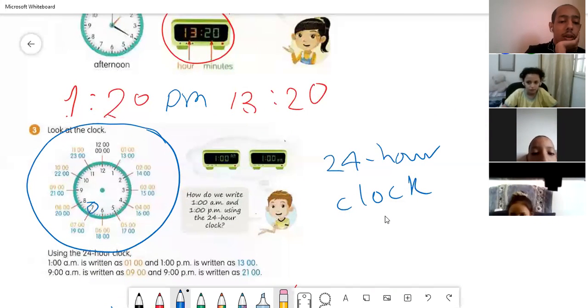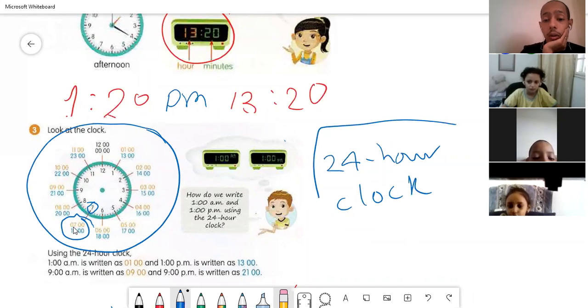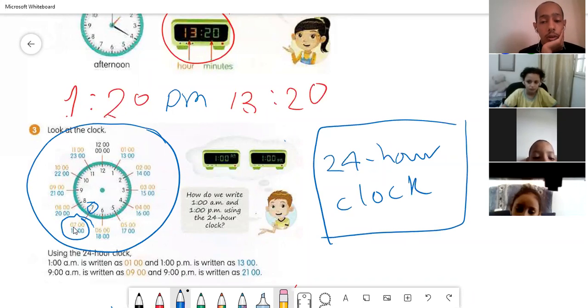Here, right? When it is 7, we are talking only now about the 24-hour clock, it is 7:00 when it is in the morning. When it is 19:00, it is 7 p.m. in the night.